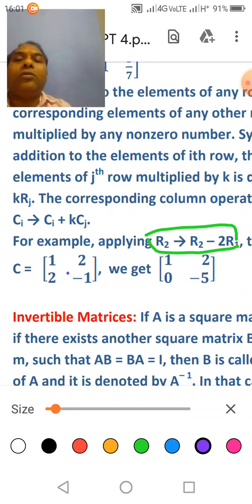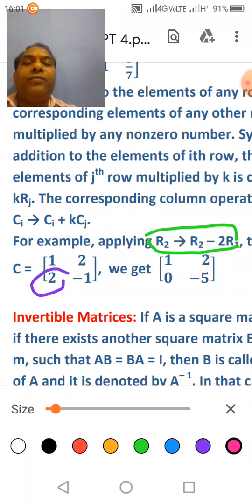So R2 is here, suppose the first element is 2 and the corresponding element of R1 is 1.